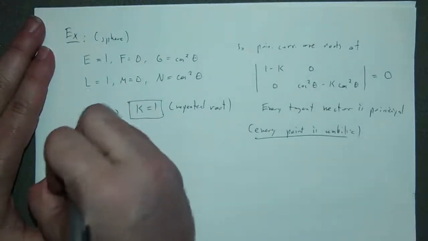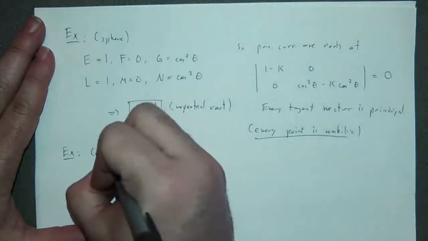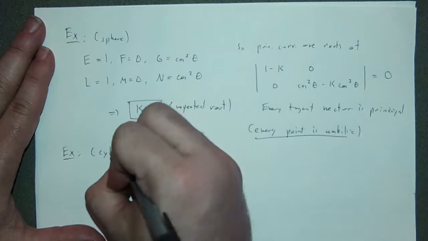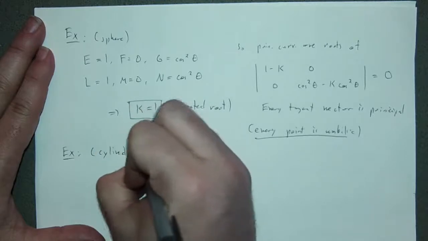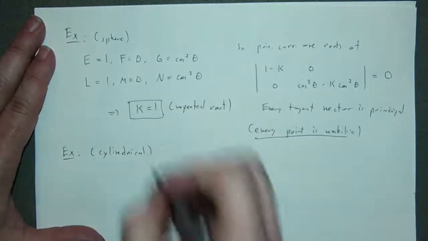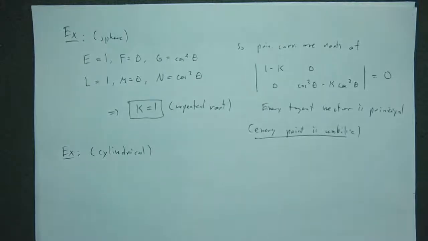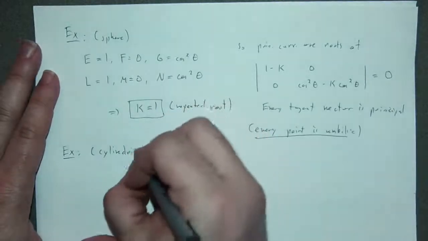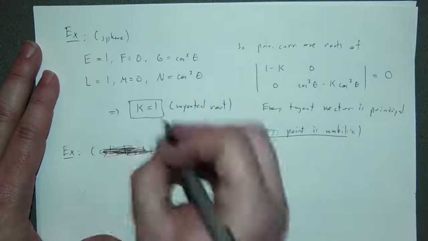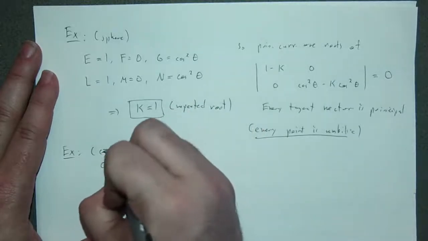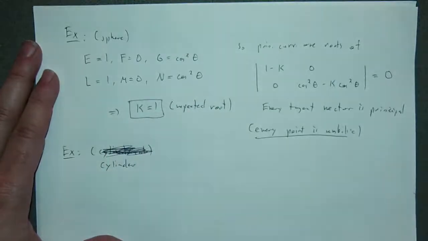Let's do another example. Our favorite example that encapsulates everything intuitively going on with principal curvature is the cylinder, just a normal cylinder.